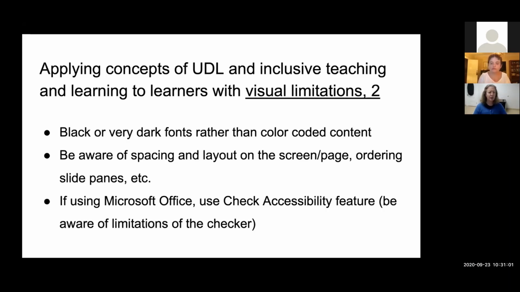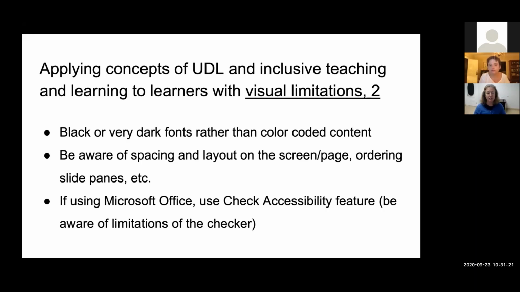Also, if you're using Microsoft Office, there is a feature called Check Accessibility, which can check the accessibility that you have in there. In Blackboard, there is a patch that some organizations have that checks that.